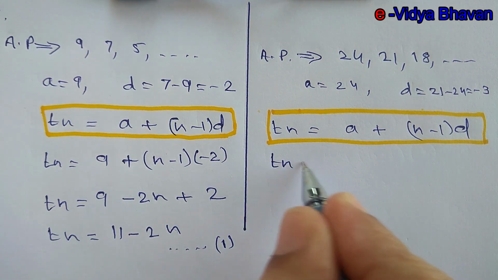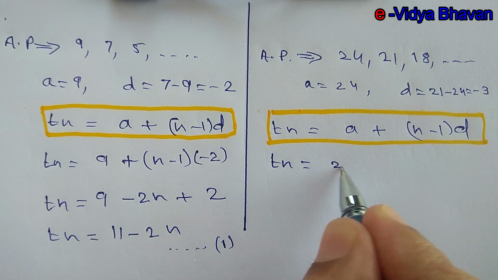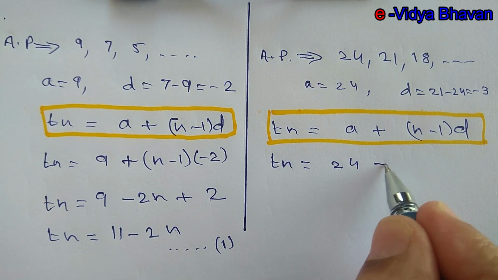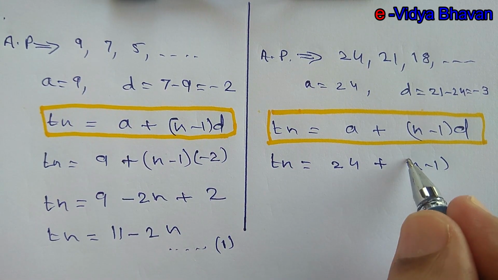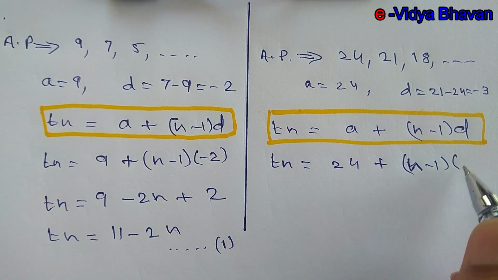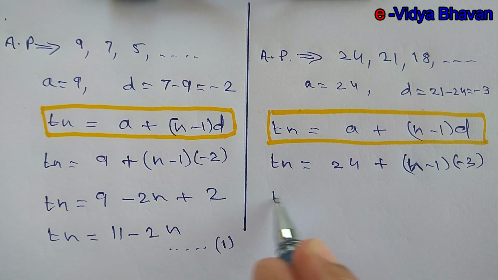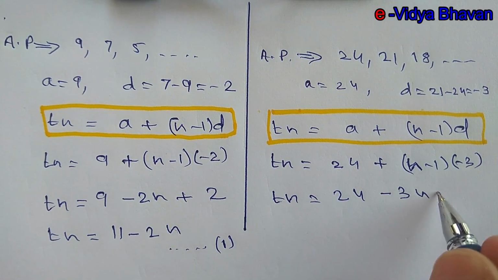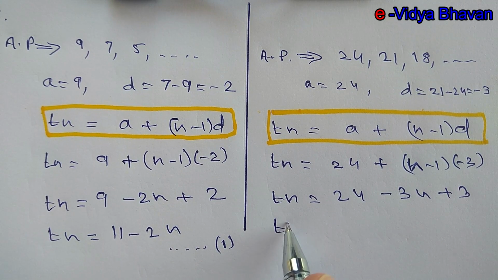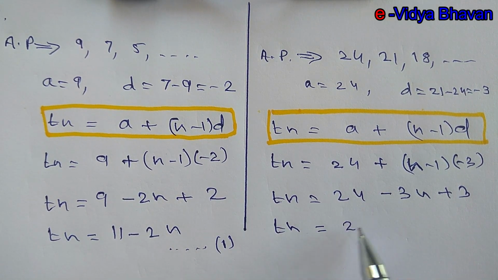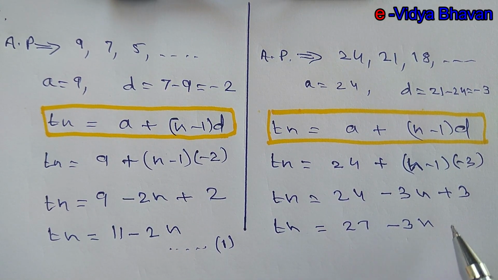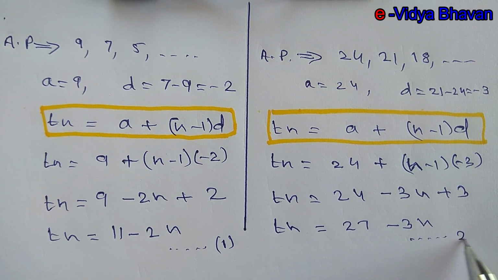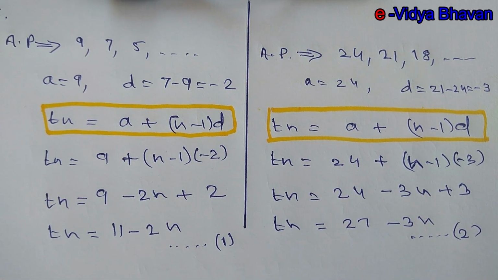Tn equal to 24 plus n minus 1 into minus 3, that is 24 minus 3n plus 3. Therefore Tn equal to 27 minus 3n, and this will be giving me the second equation.